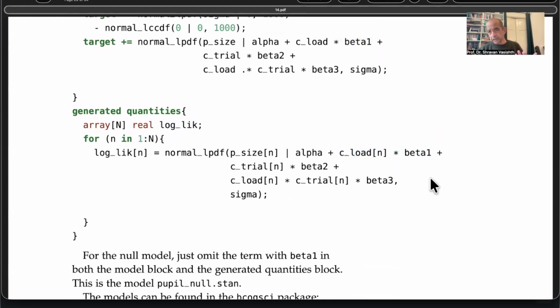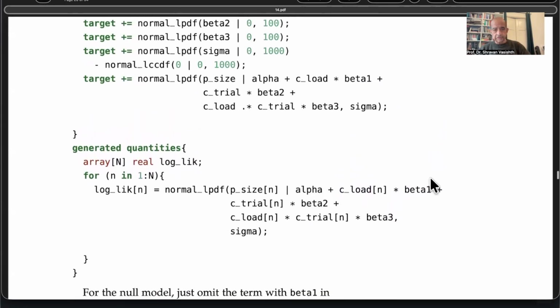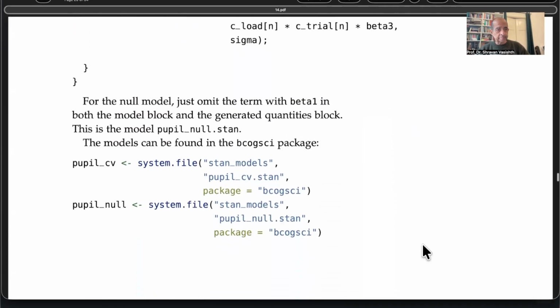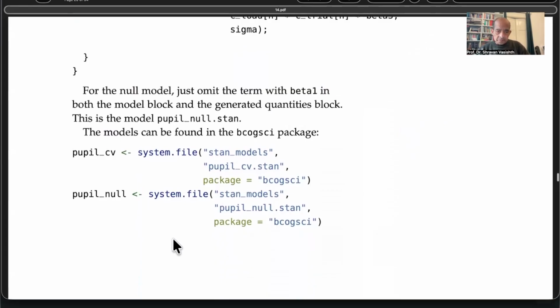That would be our null model. So this is the full model that you're looking at, and the corresponding null model would not contain the beta 1 term at all. So this will be completely gone, right? That null model is available in the bcogsci package, so you can look up the details there. And the full model is here, okay, in the bcogsci package.